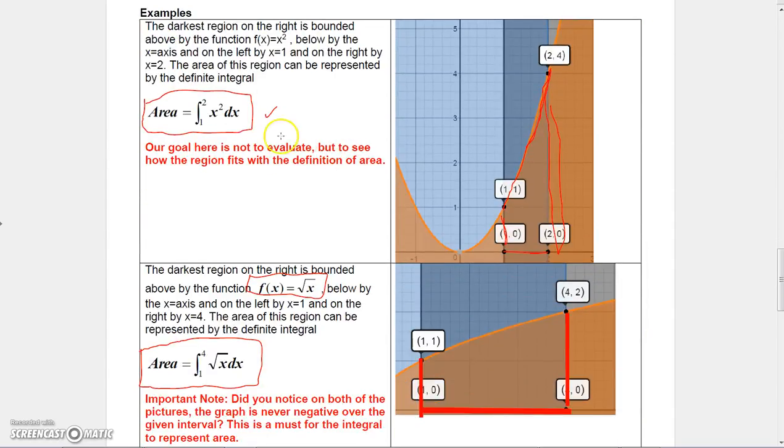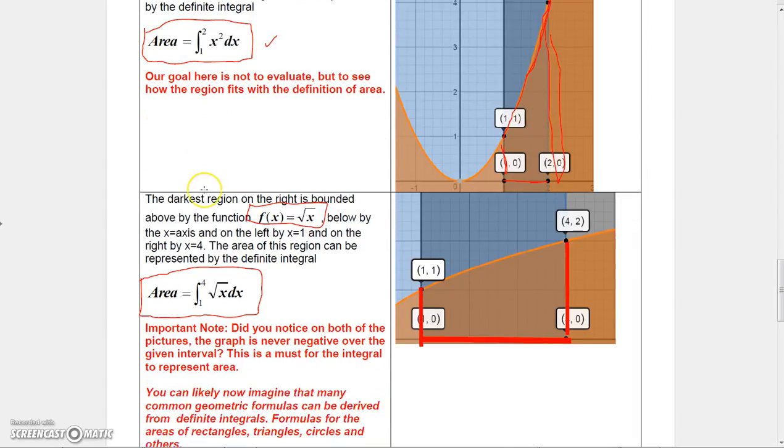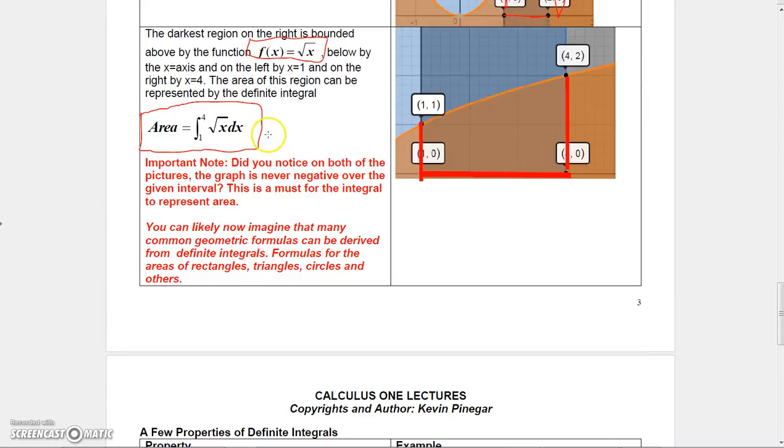So based on that, since this integral should equal 7/3, then we know that this area in here should equal 7/3. Again, I did it using the definition of the integral. But basically, I just want you to understand the relationship between area and a definite integral at this point.